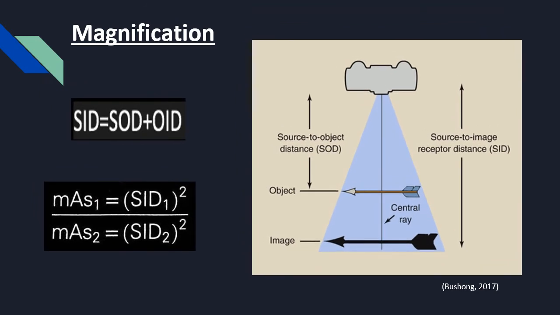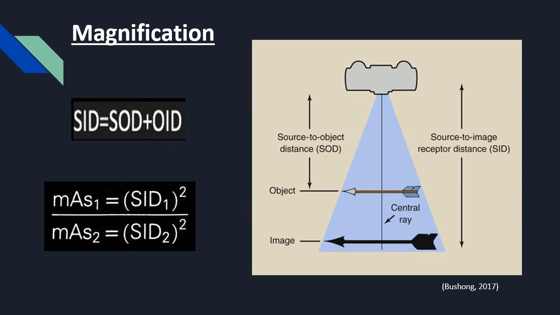Magnification depends on three factors: the source to image detector distance, abbreviated as SID, the source to object distance, abbreviated as SOD, and the object to image receptor distance, abbreviated as OID. The air gap method uses an OID of 10 centimeters to 15 centimeters.